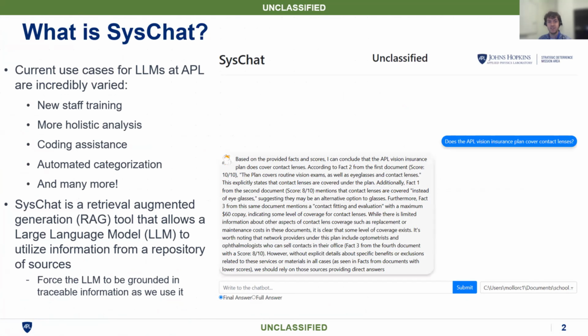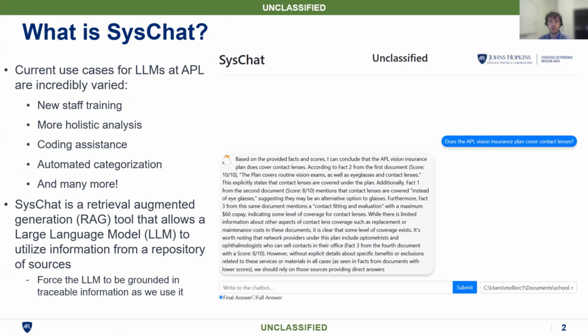The use cases that people are interested in using large language models at APL for are pretty incredibly varied. There are things such as new staff training. We have a lot of new staff coming in and a lot of institutional expertise that we're losing as people retire.